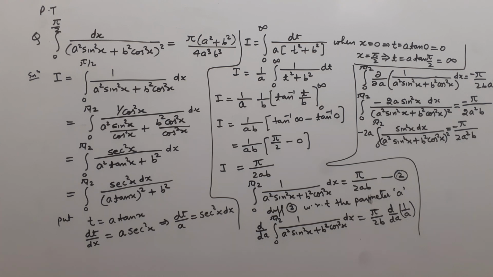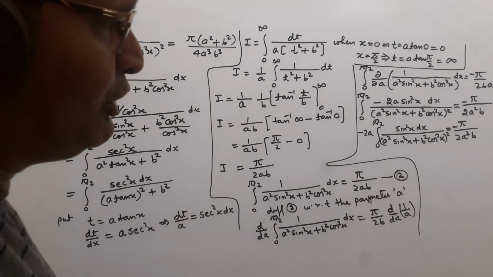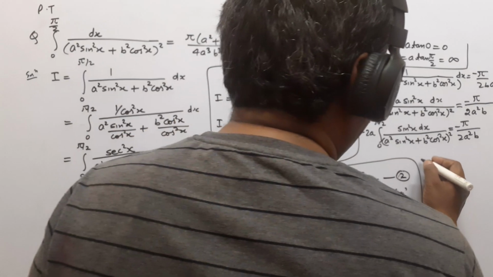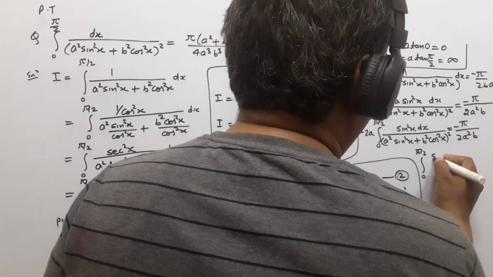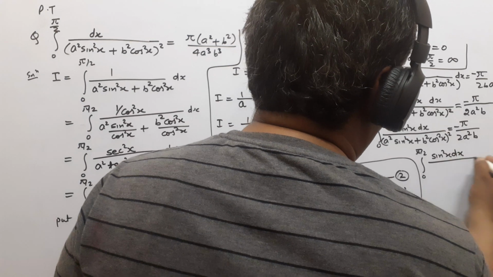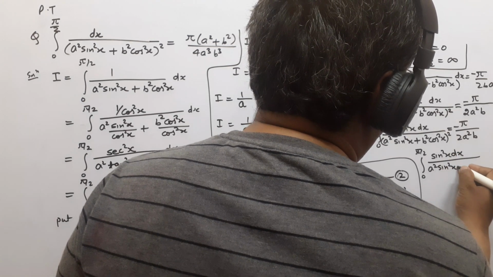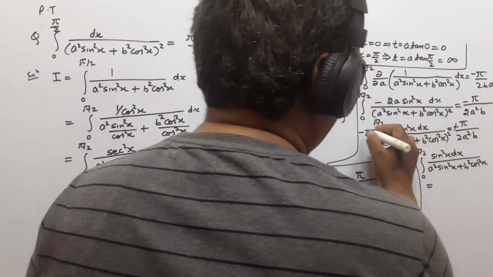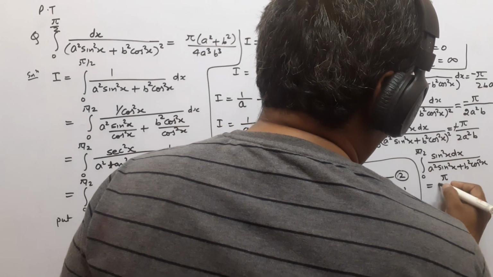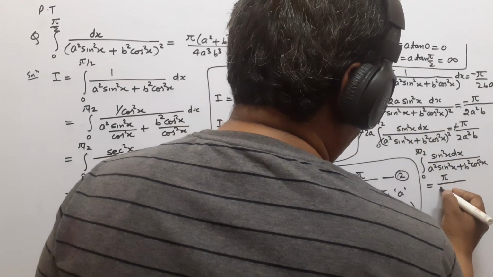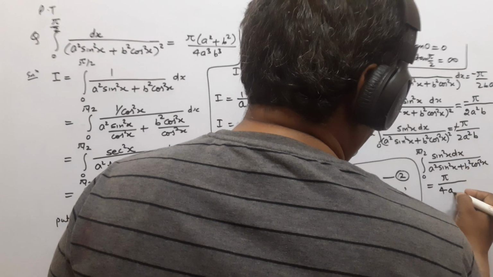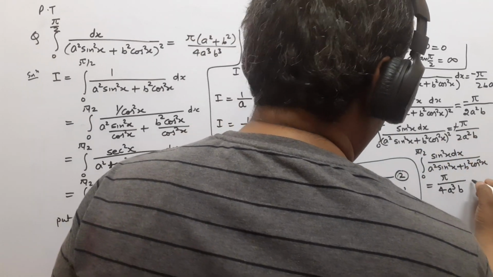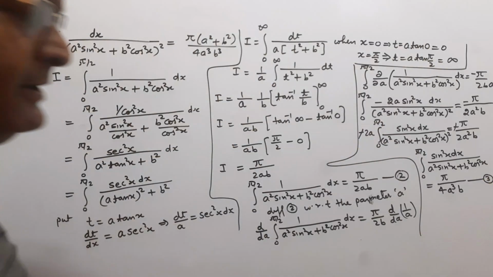Now we can see here this minus 2 on the left hand side goes to the right hand side in the denominator, so the right hand side becomes the integral from 0 to pi by 2 of sin square x dx divided by a square sin square x plus b square cos square x, this is equal to, this minus cancels this minus, and this pi upon 2 multiplied by 2 gives 4, and a multiplied by a square is a cube, and b here. Suppose that this is equation number 3.